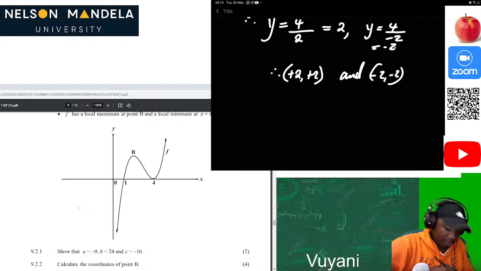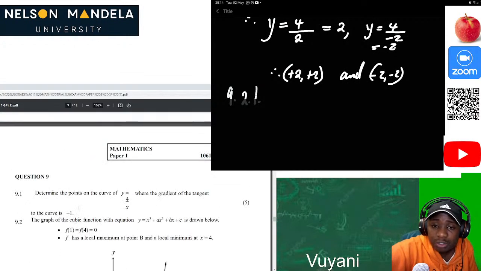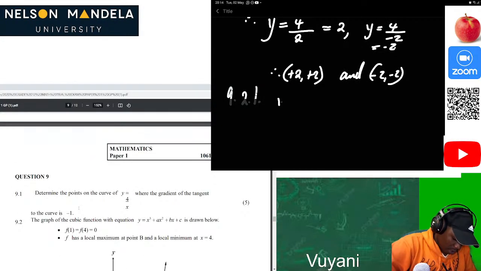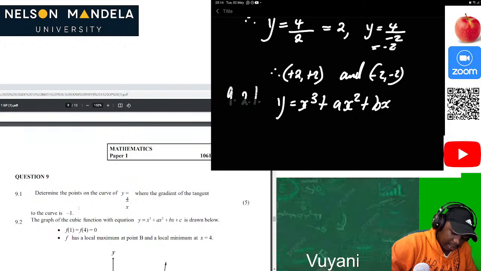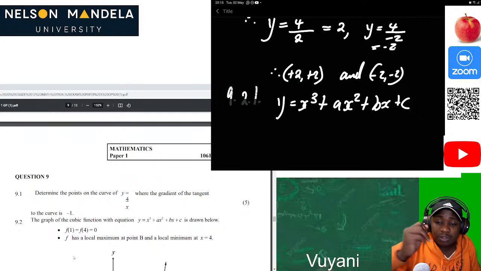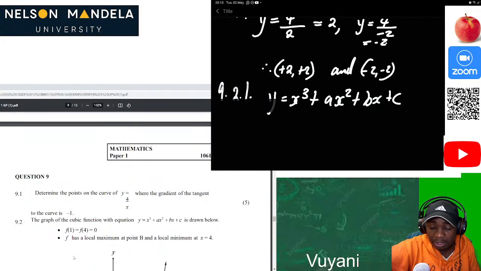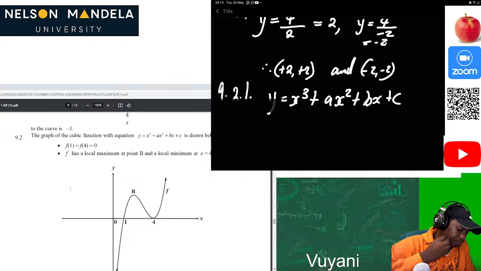So we are now looking at 9.2.1. We are given that y is equal to x cubed plus ax squared plus bx plus c. Now we can try to manipulate what we are given so that it can certify what we want, or assist us to solve this problem so that we can get to the correct answers.